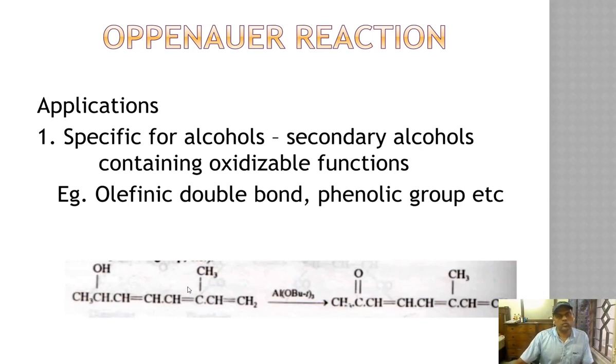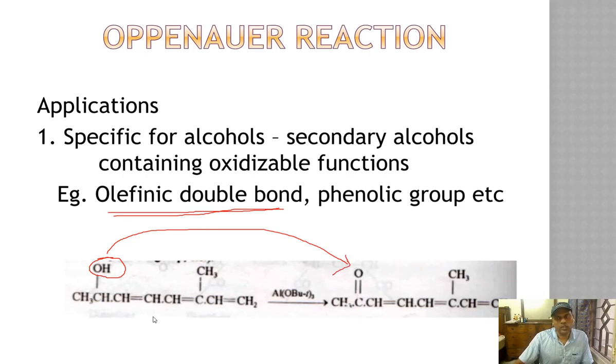It is useful in converting olefinic double bonds. It's not just a conversion. If the olefinic double bond chain has got alcohol, it is going to convert that to the ketone, right?